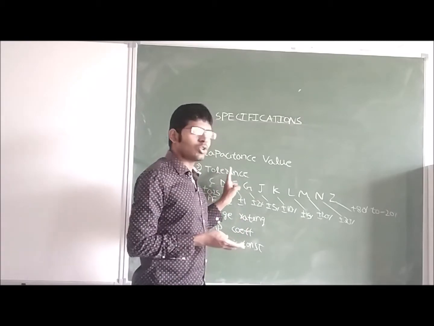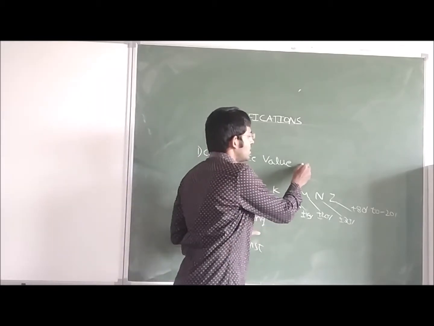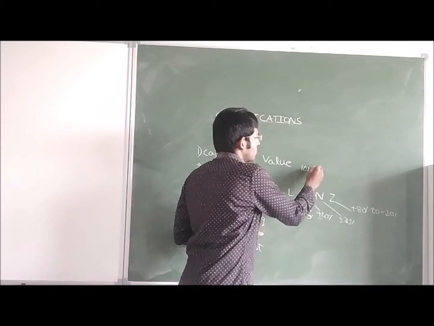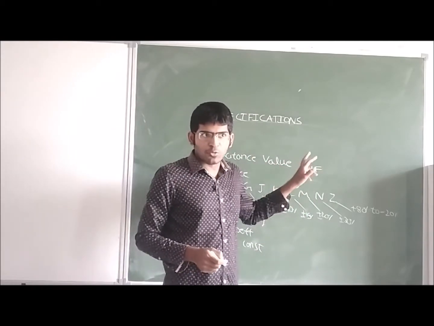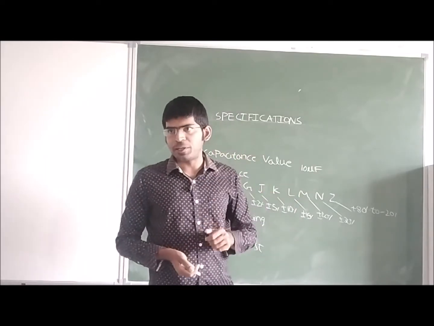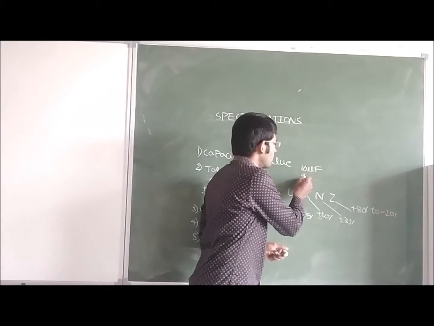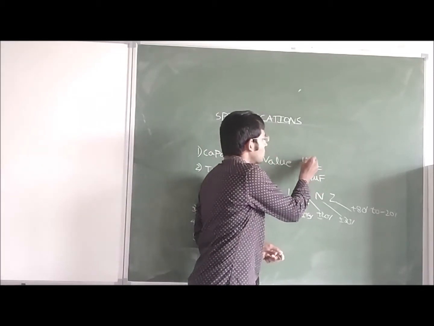And the second one is tolerance. Tolerance means, if I mention the capacitance value is 10 microfarad, but when I connect it in my circuit, it may not give exactly 10 microfarad. It may give 9.9 microfarad.